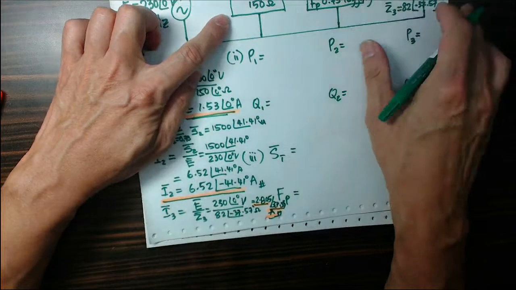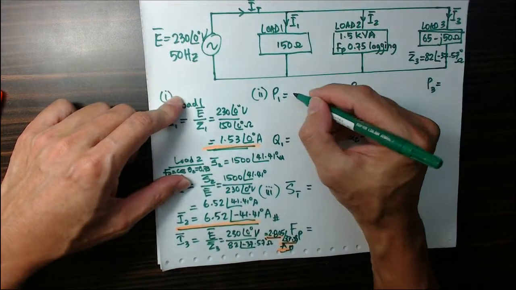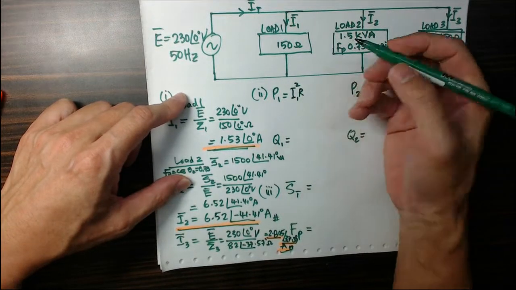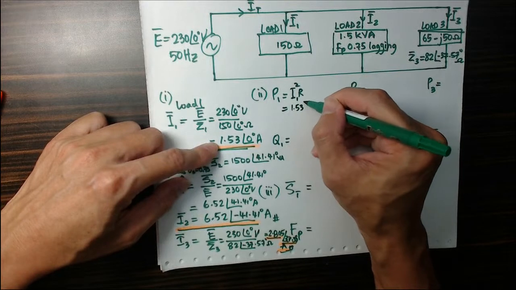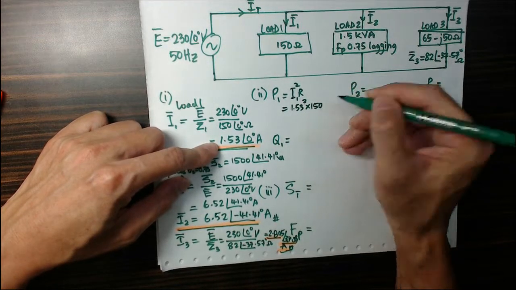For load 1, since it's only resistive, I can use the formula I squared times R. That means 1.53 squared times 150 ohms.